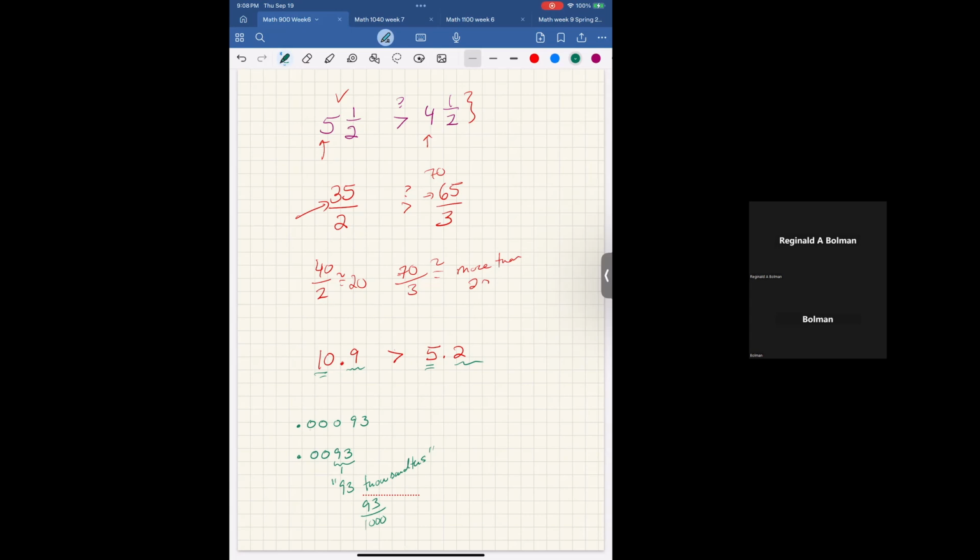But if you count the spaces to the right of the decimal for the top decimal, you've got tens, hundreds, thousands, 10,000. So now this number represents 93 ten thousandths. So 93 over 10,000.